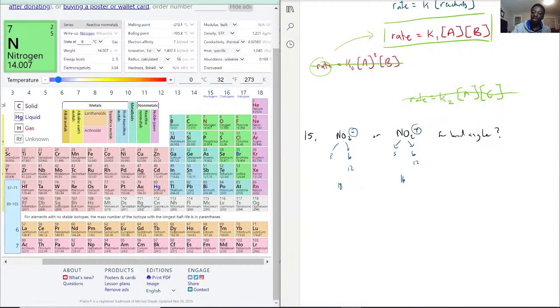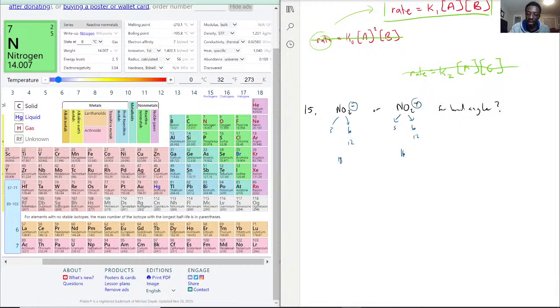So let's first draw out the Lewis structure for NO2 minus, for the 18. So we have nitrogen in the center, and we have 2 oxygens, okay? Oxygen now needs to incorporate the rest of its 6, so it'll be 2, 3, 4, 5, 6. Same with this, 2, 3, 4, 5, 6.